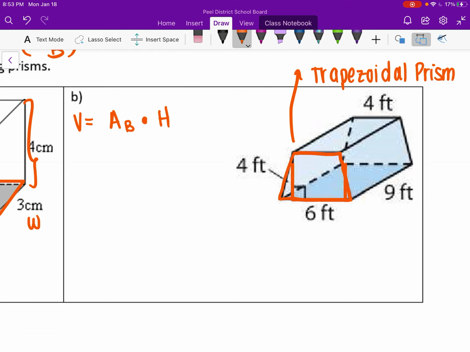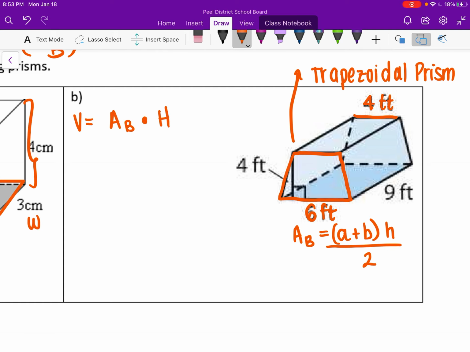If I go back and look at my formula sheet, I know that the area of the base, the area of a trapezoid, is equal to A plus B, multiplied by height, divided by 2. We know that A is this 6 feet here. We know that the top part is 4 feet.